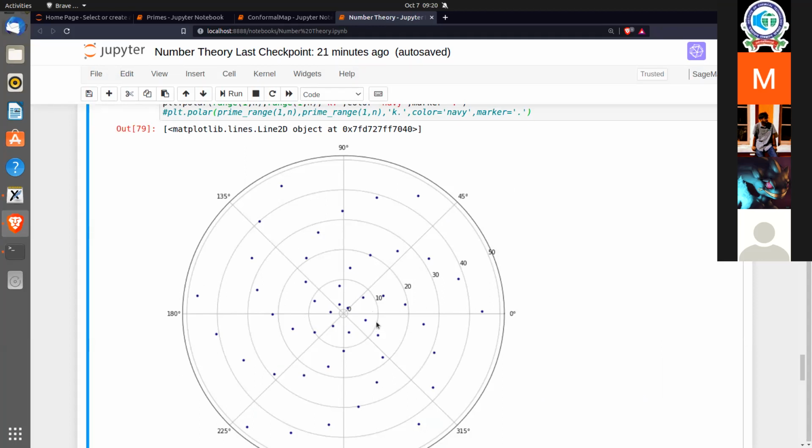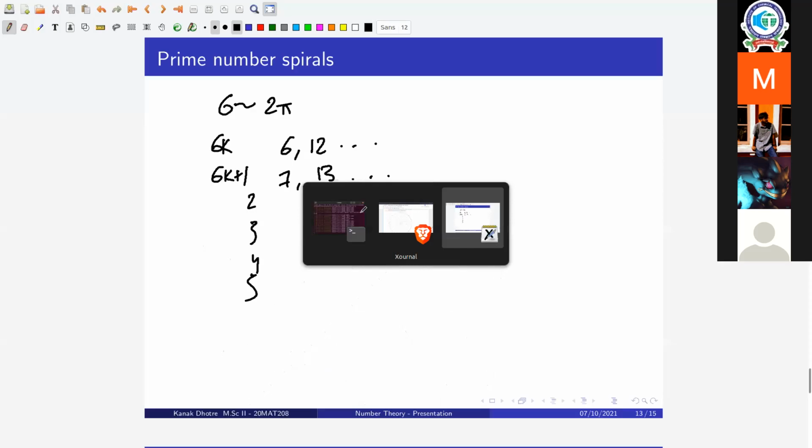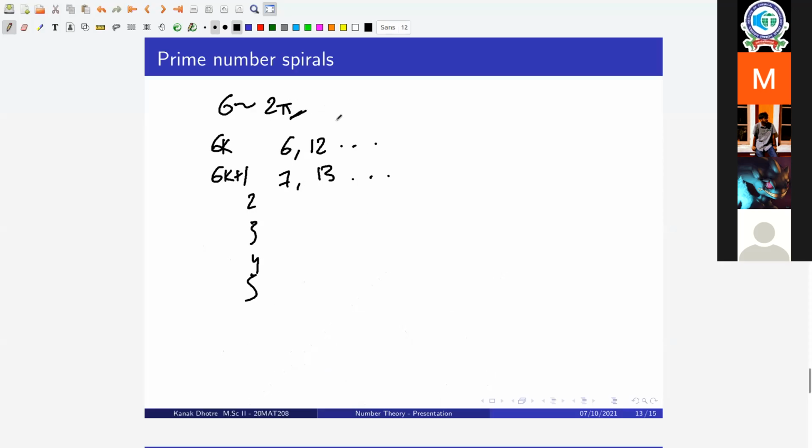Now what's so special about this 6 is that, like I said, 6 is roughly equal to 2 pi. I could also take the approximation that we've been using since class 10, or maybe even earlier, that pi is equal to 22 by 7. This will make 2 pi equal to 44 by 7. So essentially, at the value 44, I would have completed roughly 7 turns.